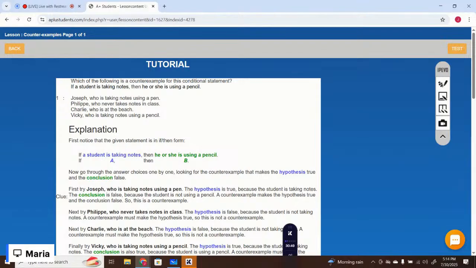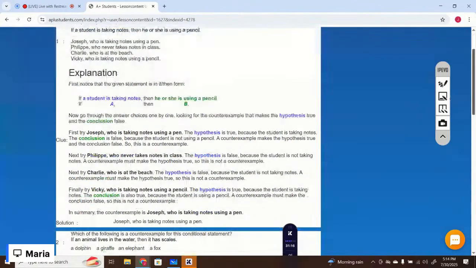If a student is taking notes, then he or she is using a pencil.